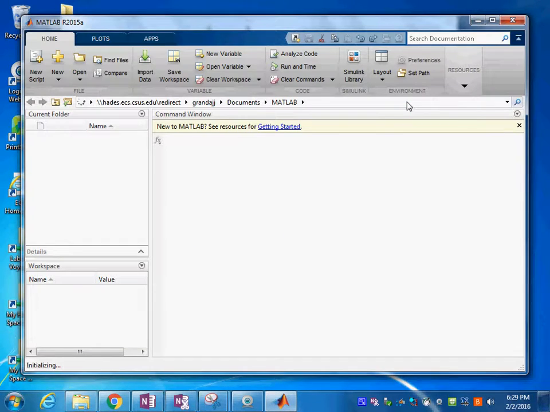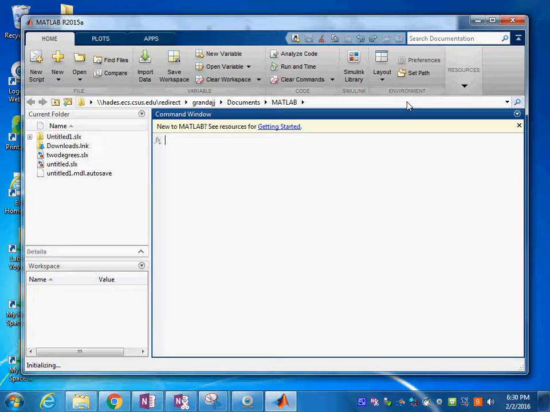There we go. Here we type Simulink, and then the computer will give us a Simulink display. Here we go.